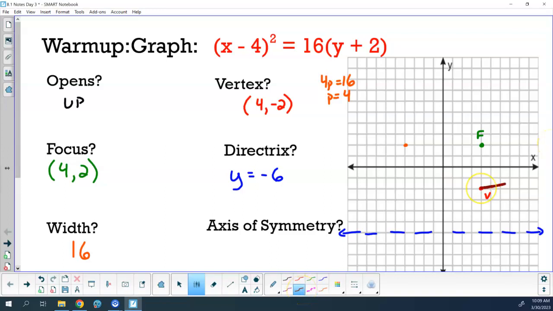That allows me then to draw it in. And what is my axis of symmetry? X equals 4.